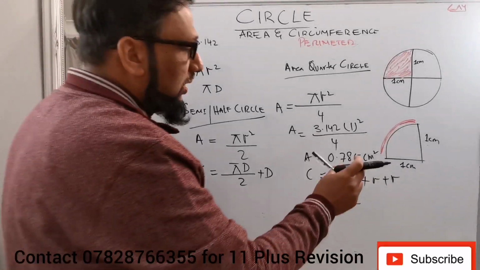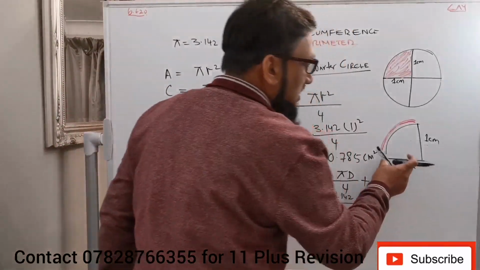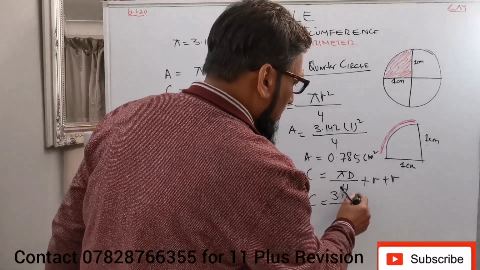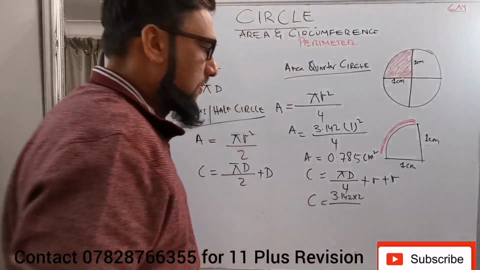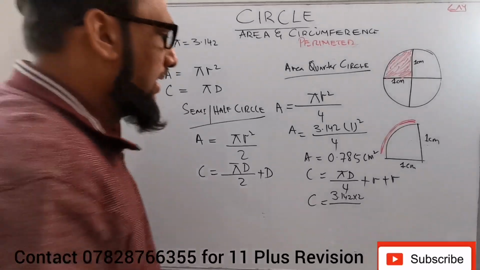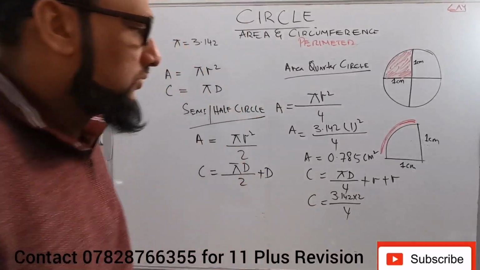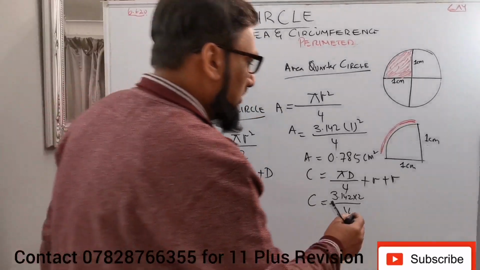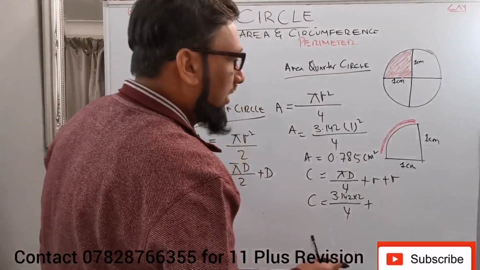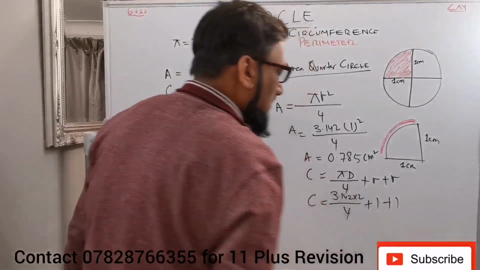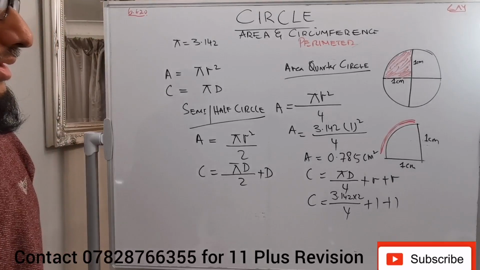The 1 centimeter is the radius and double the radius is the diameter, which is 2, and divide by 4, plus r is given as 1, and this r is also given as 1.